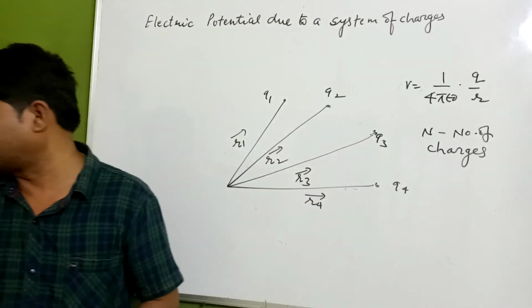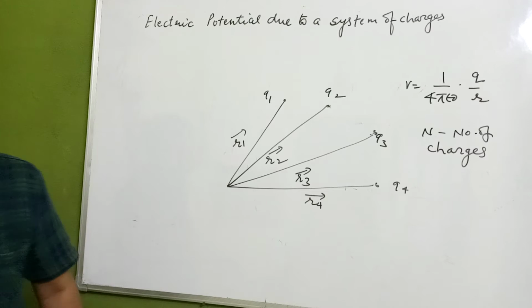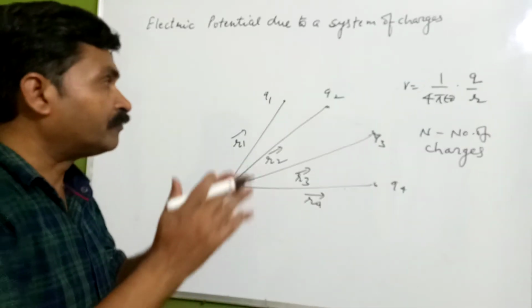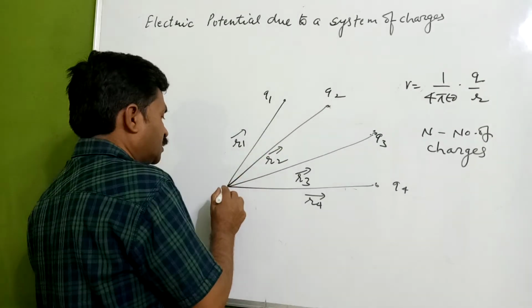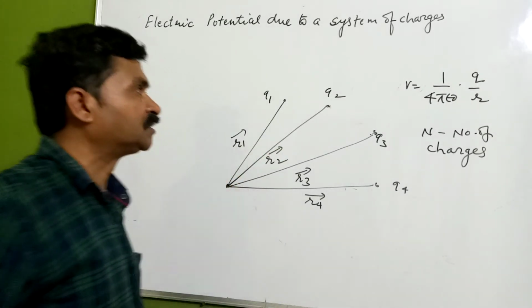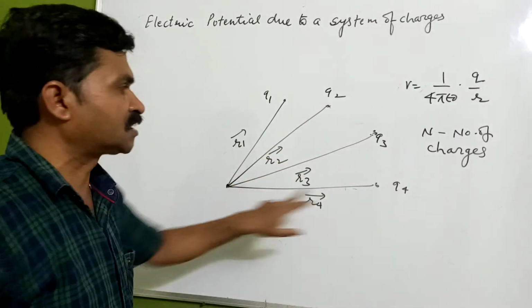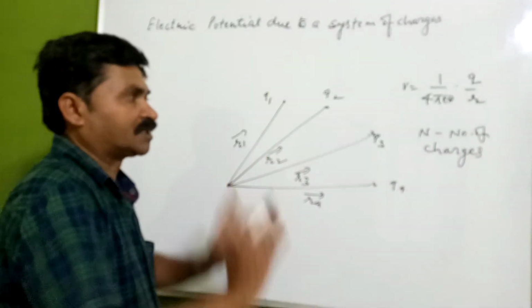The position vectors are taken, and we want to know the electric potential because of these charges. We have taken 4 charges only.